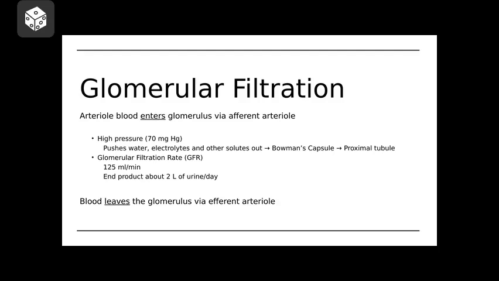So you want it really fast, clearing a lot of toxins, clearing those electrolytes. If it's working really well, 125 milliliters a minute, you're going to be pumping out about 2 liters of urine a day. Once that glomerulus starts getting clogged up or damaged, you're going to see lower filtration, and that's going to lead to less urine output. So after the blood has gone through all of this, it's going to leave that glomerulus through the efferent, remember E for exit, efferent arteriole.